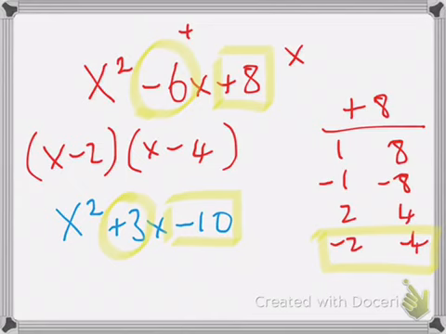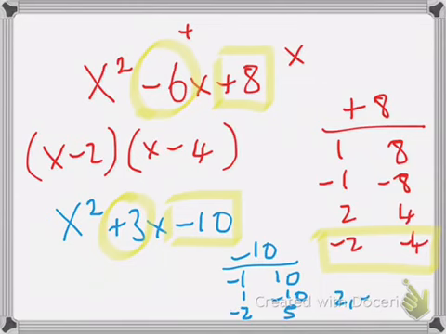Now write out the multiples of minus 10. So it's minus 1 and 10. The signs would be different if it multiplies to give you a negative, or 1 and minus 10. Minus 2 and 5, or 2 and minus 5. Okay, and that's the only multiples. Which one adds to give you plus 3? Well, it has to be minus 2 and 5. That adds to give you plus 3.